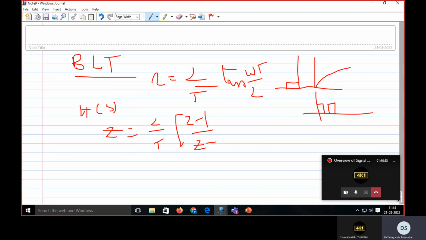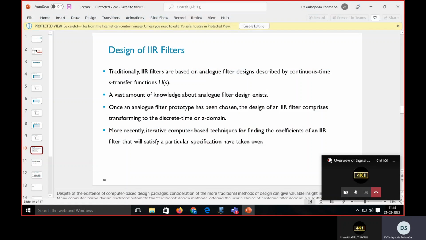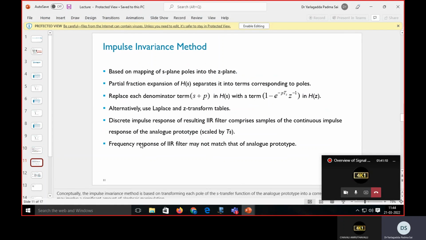There is one derivation to get this equation. S is replaced, not z; wherever s is there. Designing is simply easy, but you should be able to talk about what the problems are. These are some of the things I already mentioned, all these points.